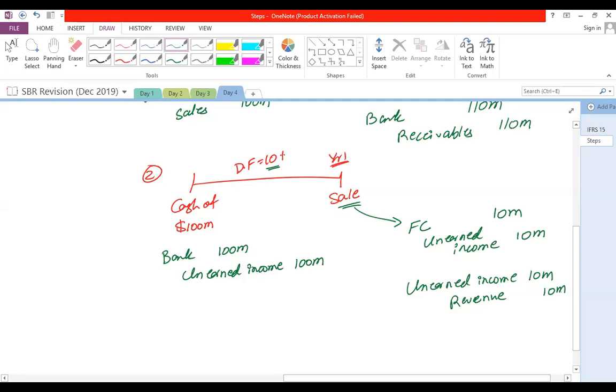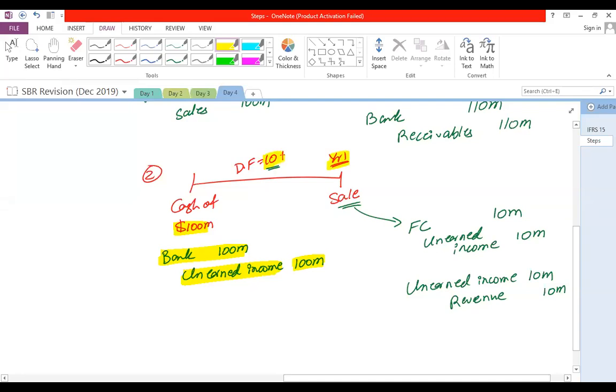Cindy is not clear on the unearned income. Cindy, we received the cash of 100 million in year 0, so we debited the bank. But because we haven't sold the goods yet, that is why we recorded it as an unearned income of the same $100 million. Now, because we are selling the goods 1 year afterwards, we should be compounding this unearned income by 10%.